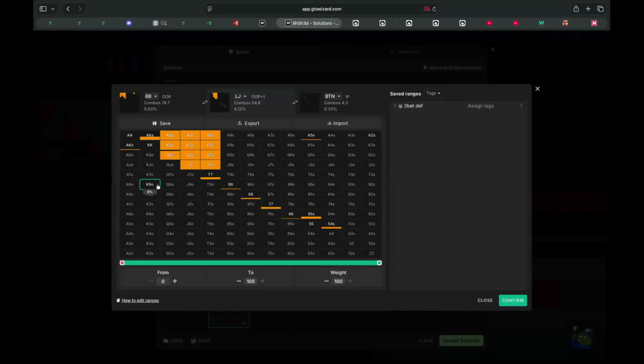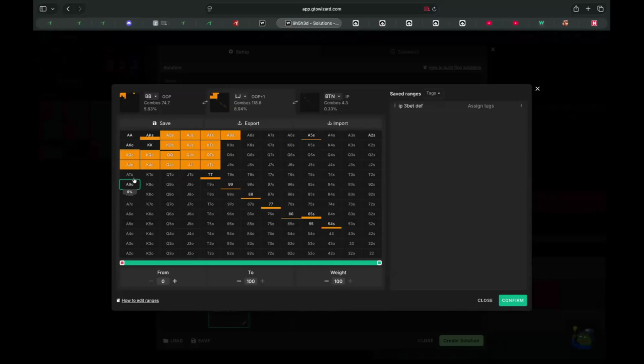I would put king jack offsuit and queen jack offsuit in there. And then let's do ace jack offsuit, ace queen offsuit, and king queen offsuit. Maybe I would say they don't like to fold ace ten offsuit either, so maybe we throw that in there.